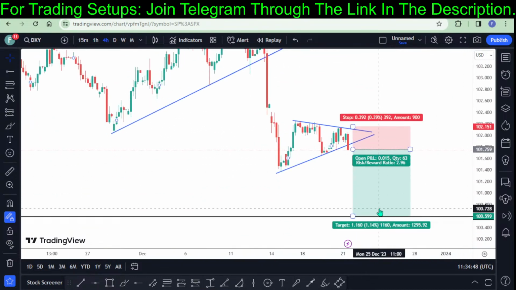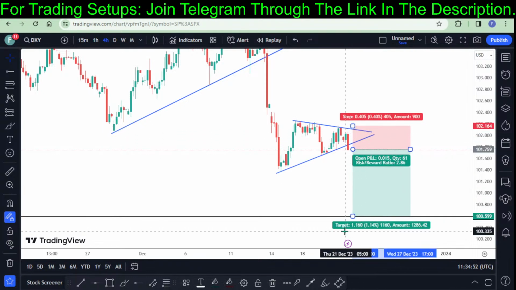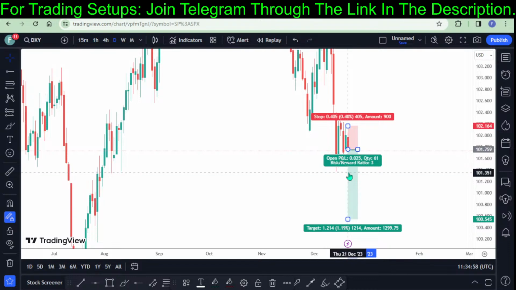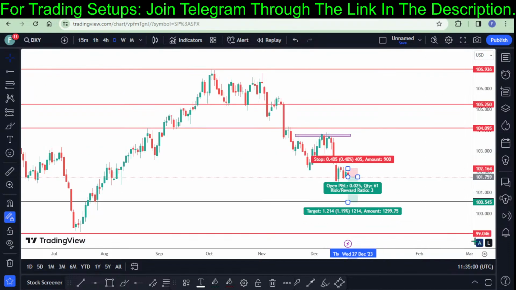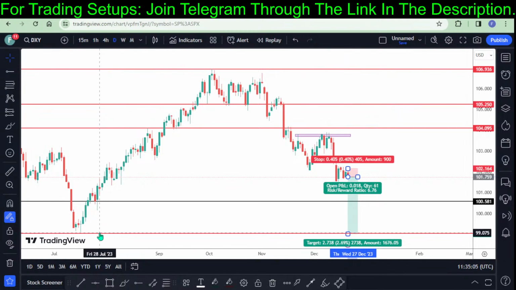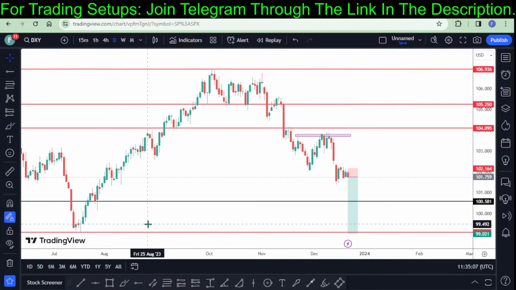This could give us a 3 risk to reward ratio setup before price finds a rejection at the minor structure. Alternatively, if price makes a decision to go more down, the next key level structure is 99.02, right? So that is what we have on the dollar index.